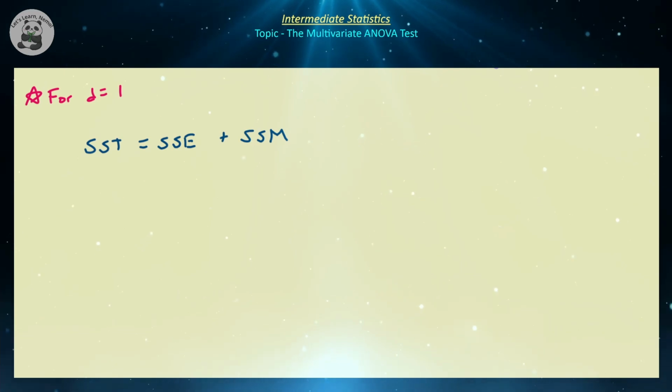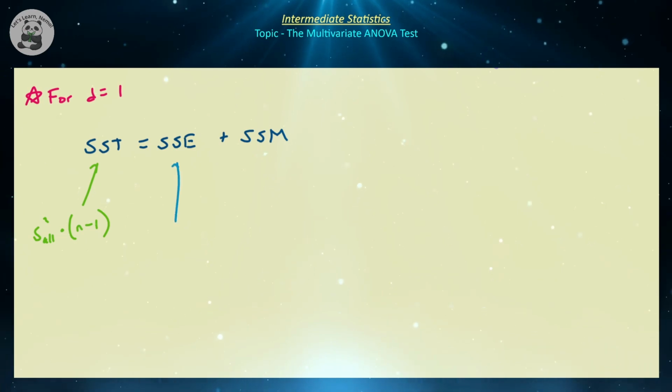And then from these, we divide each of those by their degrees of freedom and calculated an F test statistic to assess the equality across all of our means. So let's briefly review what those formulas were for the univariate case. So the SST was equal to the variance of all of our observations multiplied by little m minus 1.